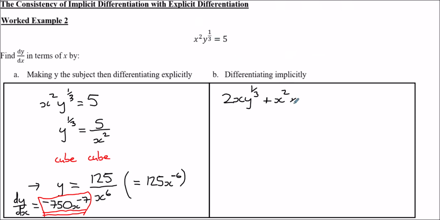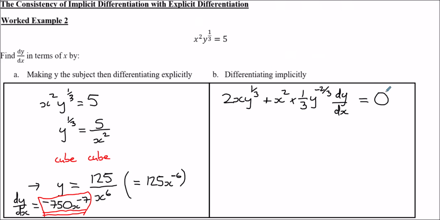So the 1/3 comes to the front, reduce the power by 1, so 1/3 minus 1 is minus 2/3. Then because this is a function of y, like I said before, we stick a dy by dx on the end of it. So then we've got dy by dx. Differentiate the right hand side, 5 is a constant, so differentiate that, it gives us 0.